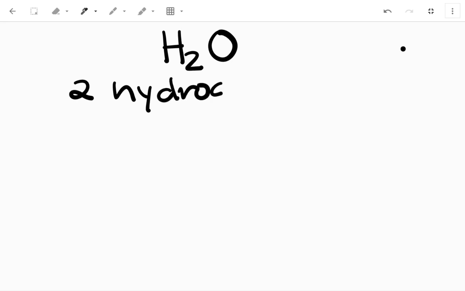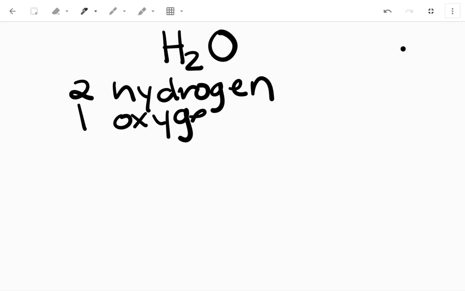So let me go ahead and give us the easiest example for now. H2O. They're all pretty easy, but this is easy because it is water. So water has 2 hydrogens to every 1 oxygen. So in this molecule, we have 2 hydrogens and 1 oxygen. Okay?